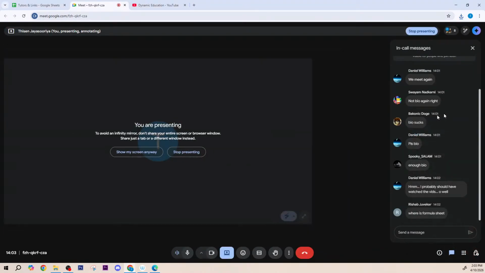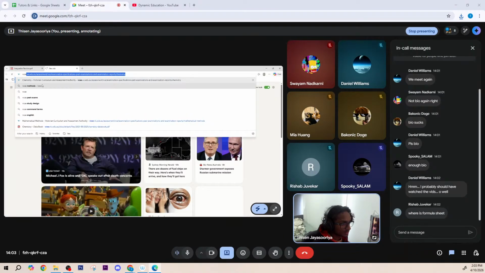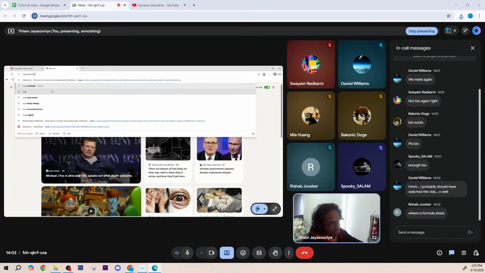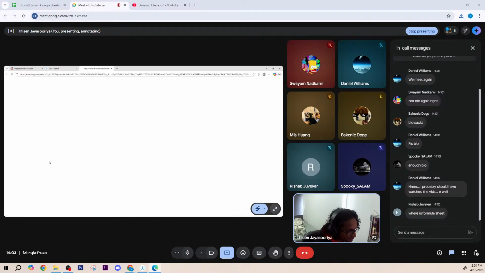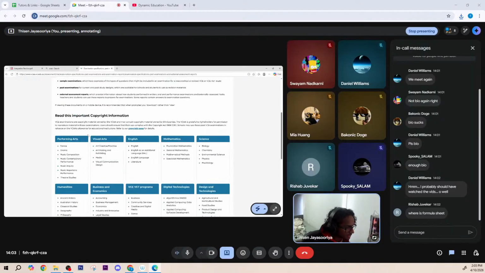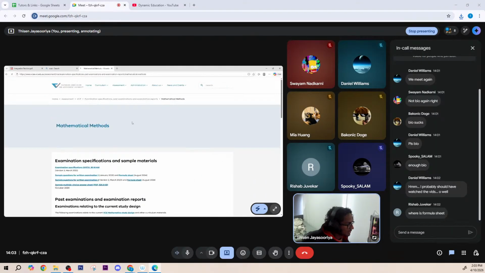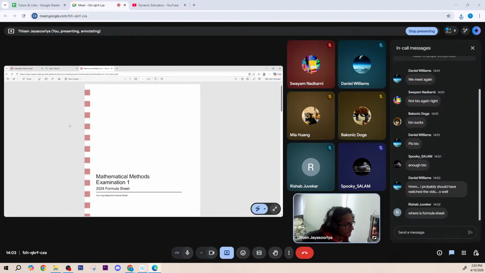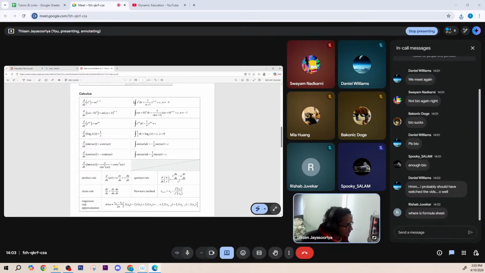If you need a copy of the formula sheet, go to the VCAA, click curriculum, so this is the main page, click exams and examiners reports, go all the way to mathematics, go to methods, and then click on formula sheet. So I'll have this one next to me for the whole time. We're gonna have to remember this whole section plus a couple formulas.